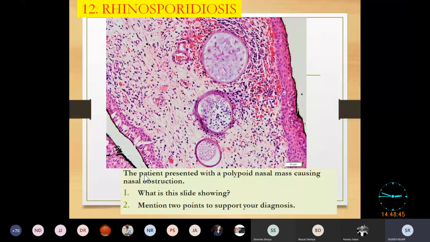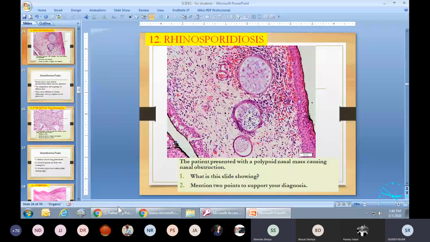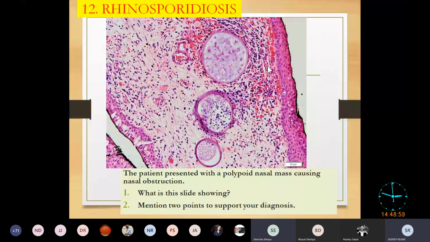Here, Shreya was talking about this. There is a pseudostratified ciliated columnar epithelium with the stroma, which is edematous, and there are sporangia of rhinosporidium. There are many inflammatory cells, both acute and chronic.